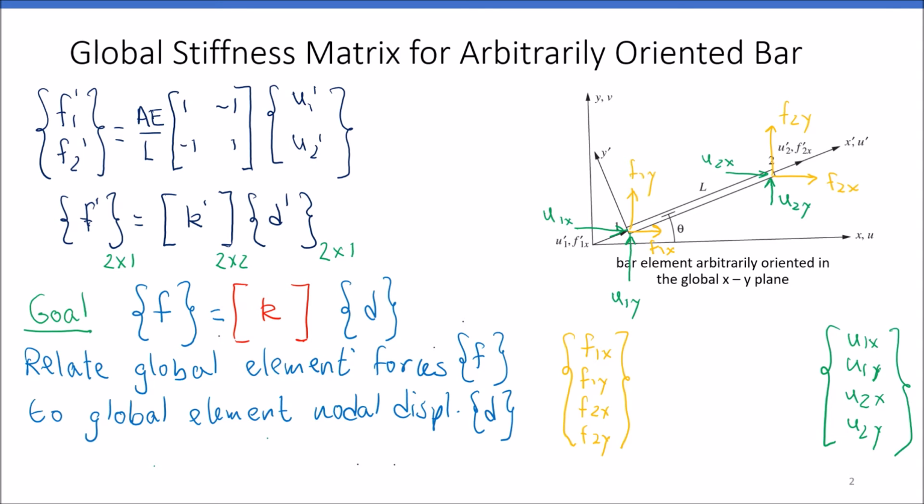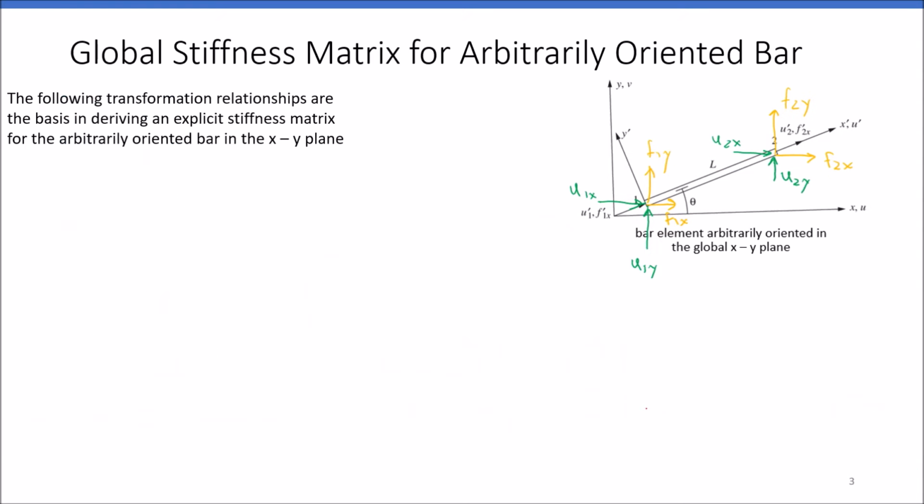And these are going to be related via a global element stiffness matrix K. So when we look at the order of these matrices, we are looking at a 4 by 1, a 4 by 1, and therefore this element stiffness matrix is going to have to be a 4 by 4. And this is what we're going to be deriving in the next slide.